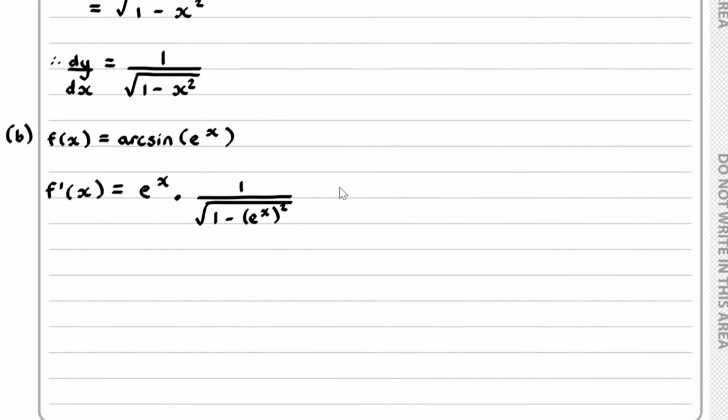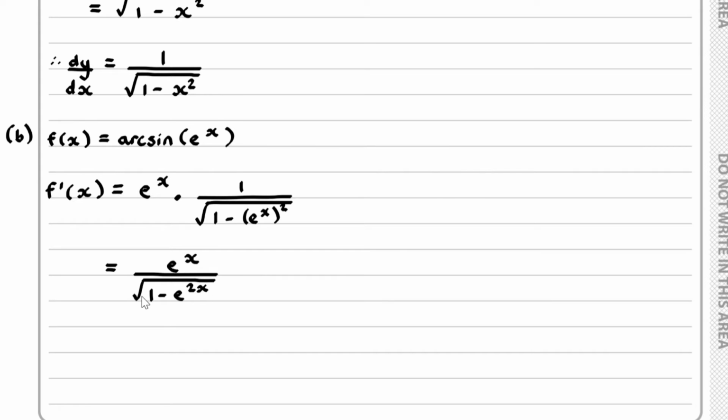And so if we tidy this up, what we end up with is e to the x divided by 1 minus e to the 2x square rooted.